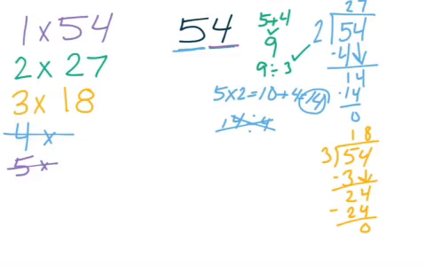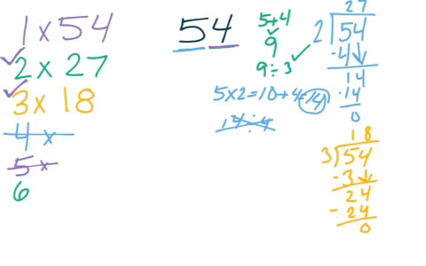All right, let's look at 6. Maybe 6 is going to be a factor. My divisibility rule for 6 was if 2 and 3 are both divisible by my number, then 6 is as well. I just gave a check because 54 is divisible by 2, and 54 is divisible by 3.